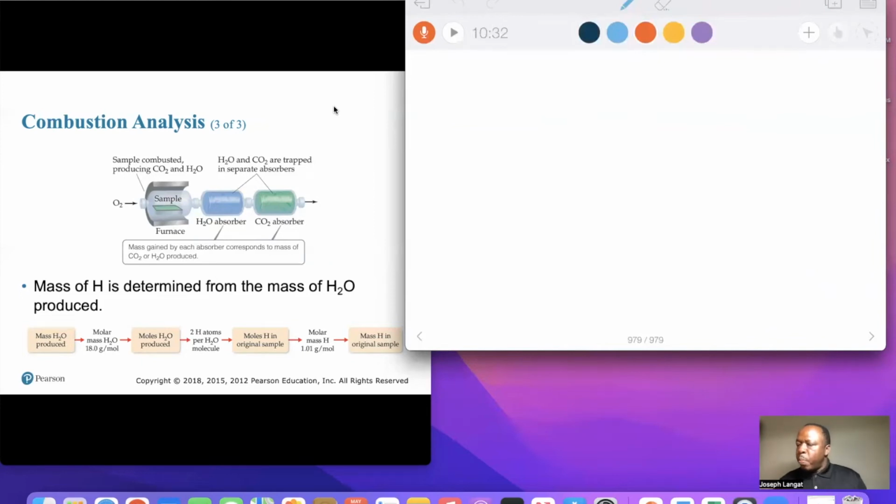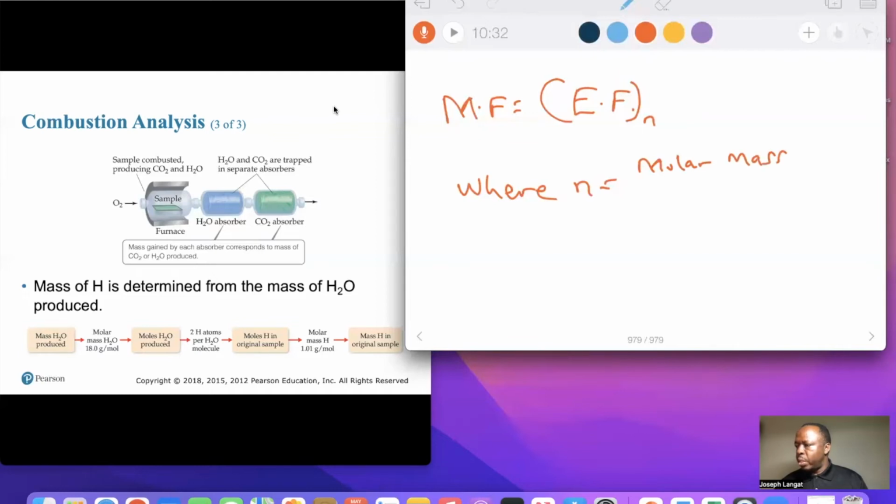Next is to find the molecular formula, which is given by the empirical formula times an integer, n, which we can find. n equals the molar mass, or molecular weight, of the compound divided by the empirical formula mass.